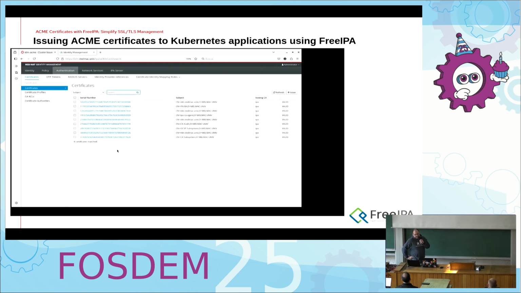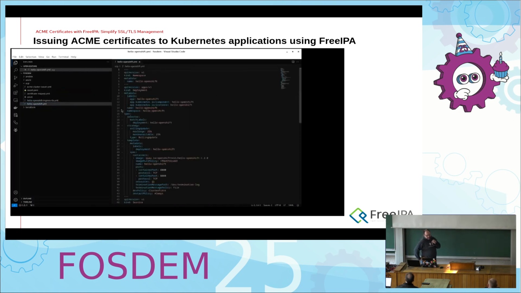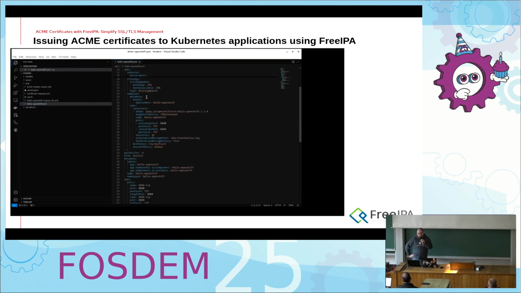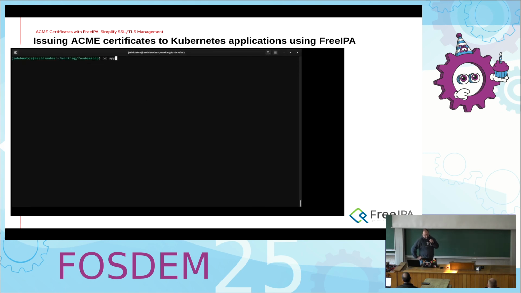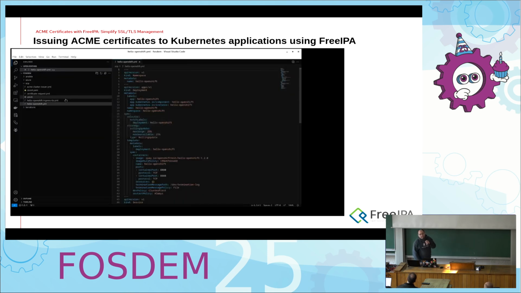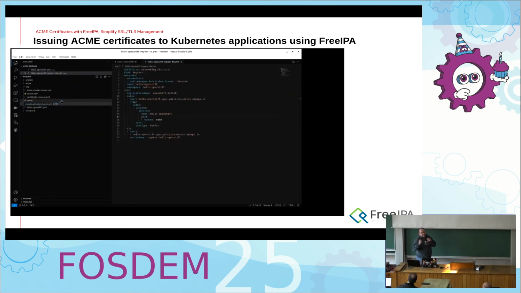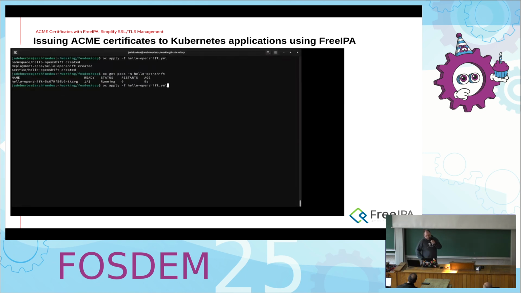That's as the certificates issued. Now we're going to deploy a simple application, a silly one. Now we're going to check that the application is running in Kubernetes. And now we're going to deploy an ingress resource just to expose the application to the outside world.